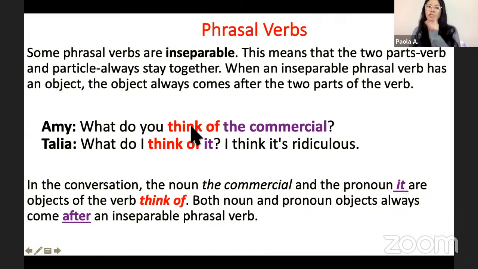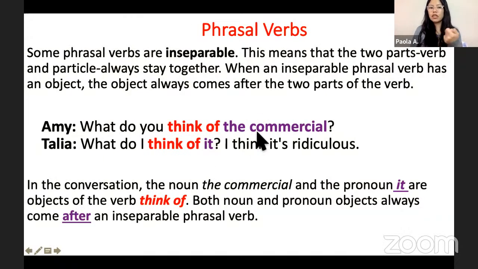Think of the commercial, or what do you think of my friend, or what do you think about my job, or something. The pronoun, it could be the thing itself, or a pronoun like it, his, hers, or anything, comes after the phrasal verb because it's inseparable.